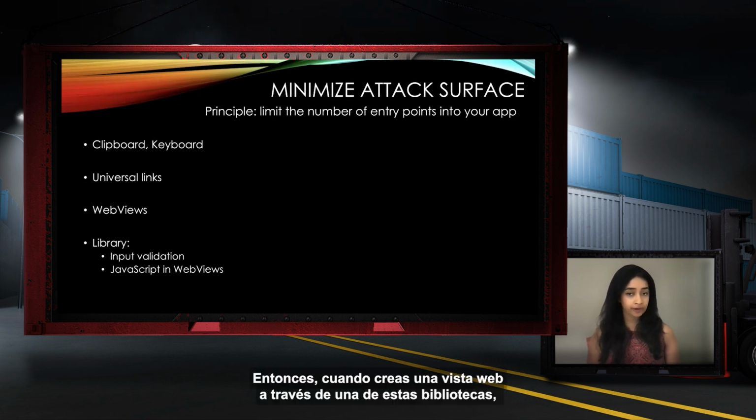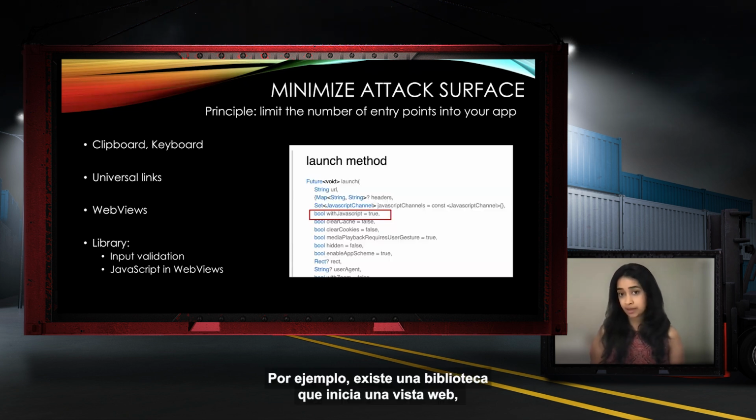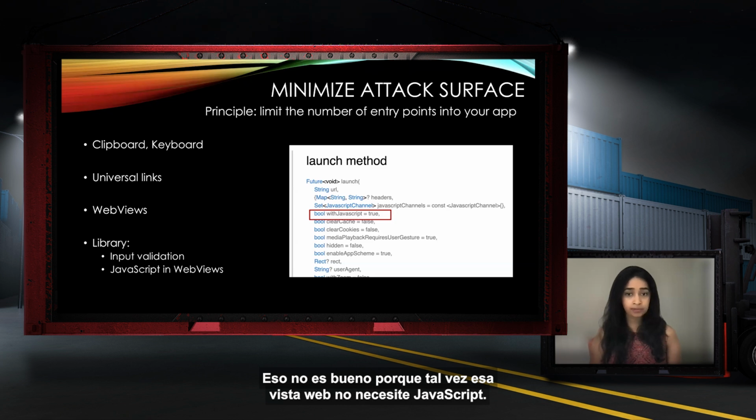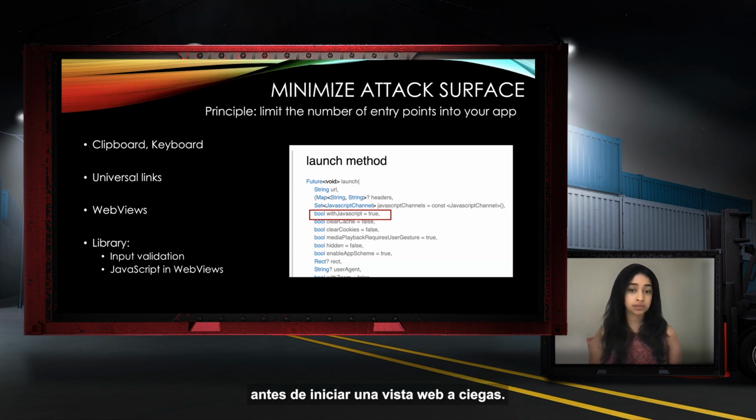So when you create a web view through one of these libraries, it's very important that you know how you're handling your JavaScript. For example, there is a library out there that launches a web view for you, but it turns on JavaScript by default. That is not good because maybe that web view doesn't really need JavaScript. So you want to be safe and ensure that you are turning off these defaults before launching a web view blindly.